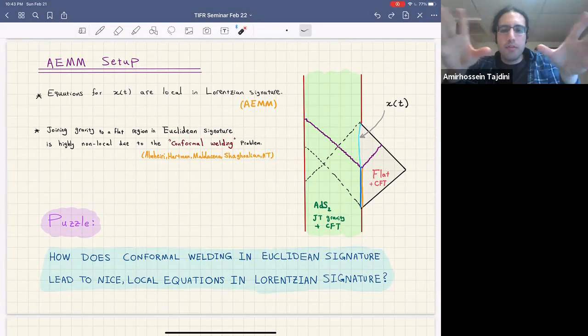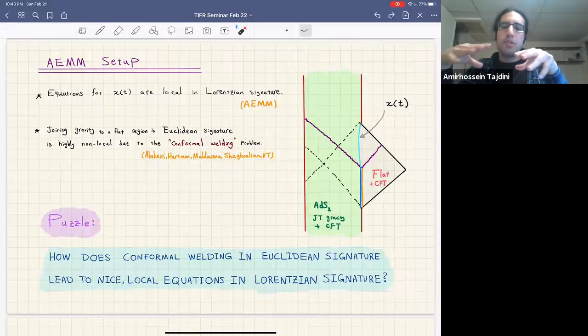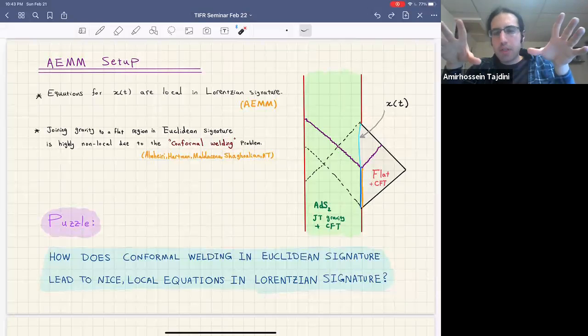However, when we analyze these problems in Euclidean signature, we realize that gluing this gravity region to the non-gravitational region is in general a hard problem, and it involves solving the conformal welding problem that I will explain a little bit more. This problem in general is non-local unless you have a very symmetric situation like the eternal black hole, then it's easy, but otherwise it's hard.